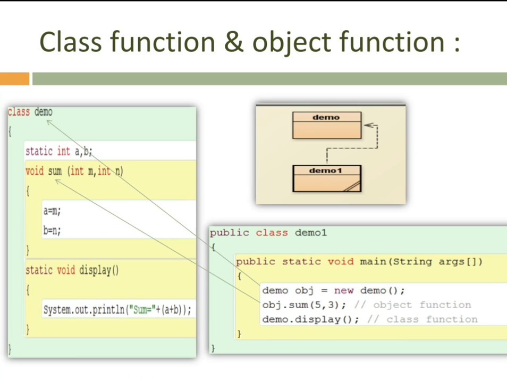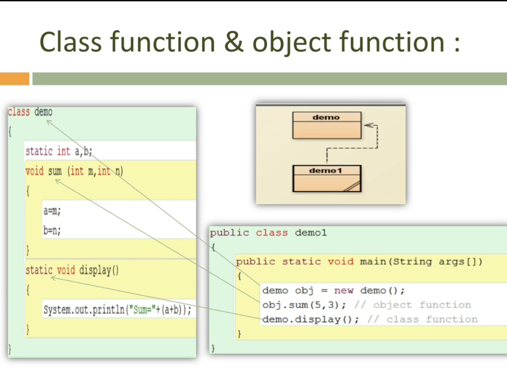That's why it is an object function. But if I want to touch a static function, then I have to mention the class name in front of that function. That's why I had written demo.display, because it is a class function. If it is an object function, then I have to write object.function name. That's why I wrote obj.sum.